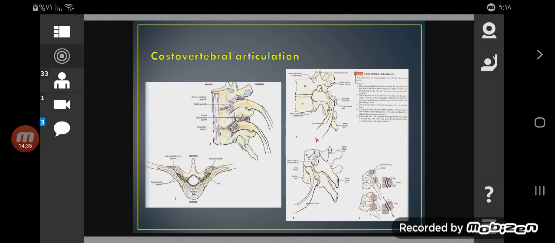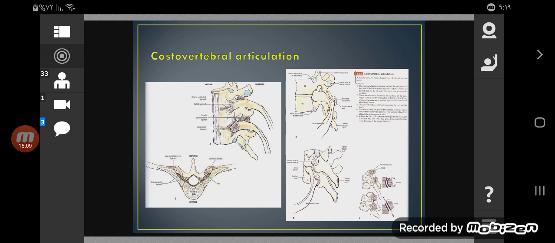For example, costal tubercle of rib 7 articulates with the transverse process of T7, the same number as the vertebra. The non-articular part of the costal tubercle is the place for the attachment of ligaments.